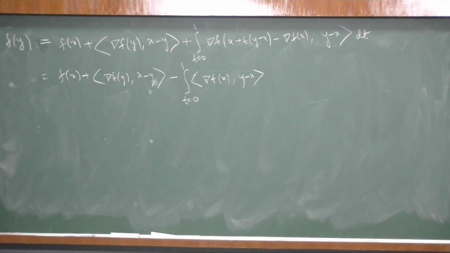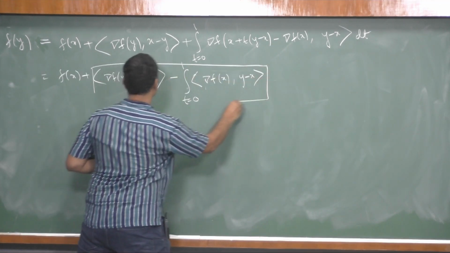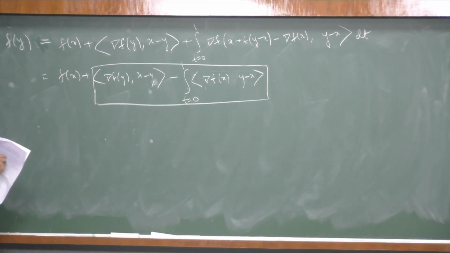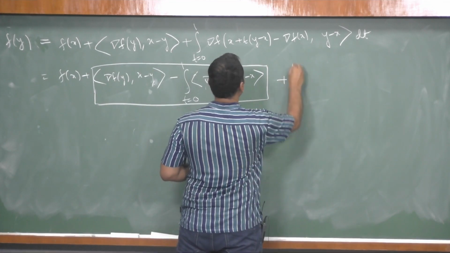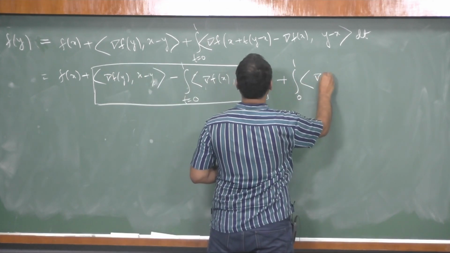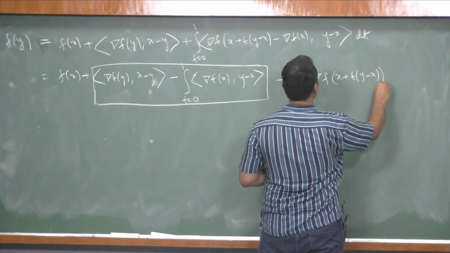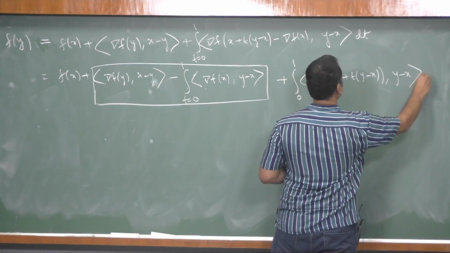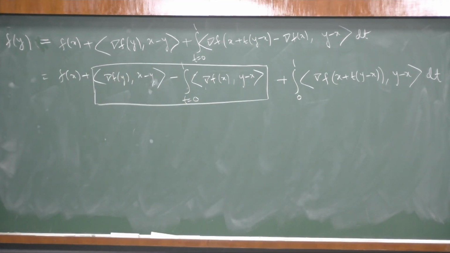If you see, these are additional, and the remaining terms were from the previous step. So this is plus the integral from 0 to 1 of the inner product of grad f(x + t(y - x)) and y minus x, dt. So these terms are introduced. Now if they are introduced, then they have to be 0, because that's an equality, right?